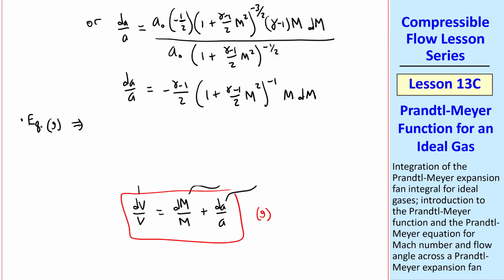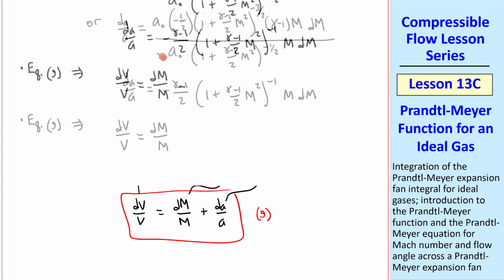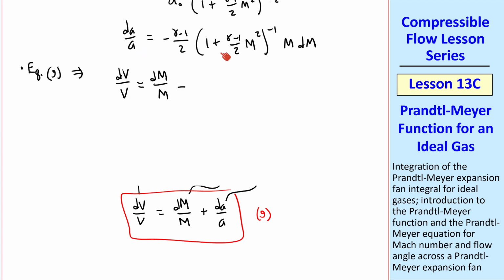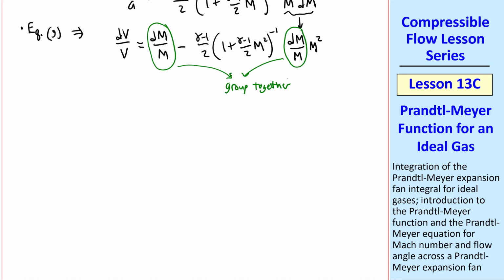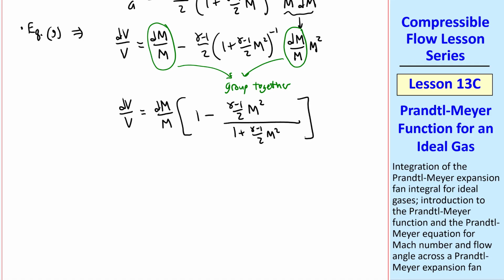So our equation 9 becomes dV over V is dM over M plus da over a, which is this term. And I'll write this as dM over M times M squared, so that I have a dM over M in both terms, which I can now group together to get dV over V is dM over M times the bracket 1 minus gamma minus 1 over 2 M squared over 1 plus gamma minus 1 over 2 M squared, close bracket.